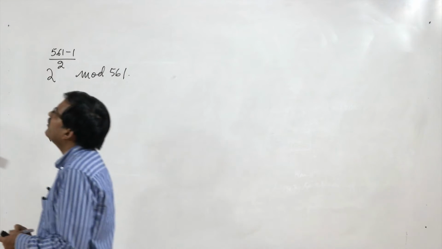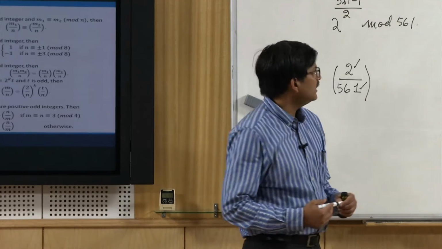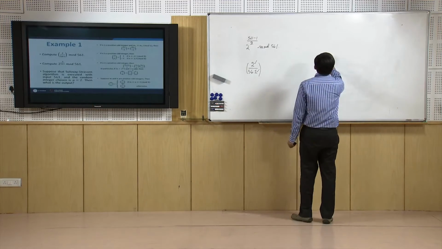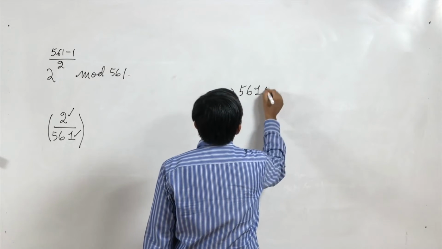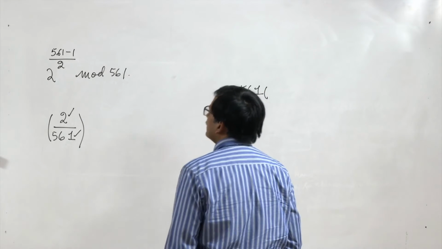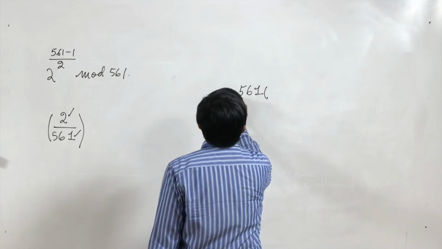In the second property we see that 2 by n is 1 if n is plus minus 1 mod 8, and 2 by n is minus 1 if n is plus minus 3 mod 8. So, we have to basically check whether 561 is plus minus 1 mod 8 or plus minus 3 mod 8.